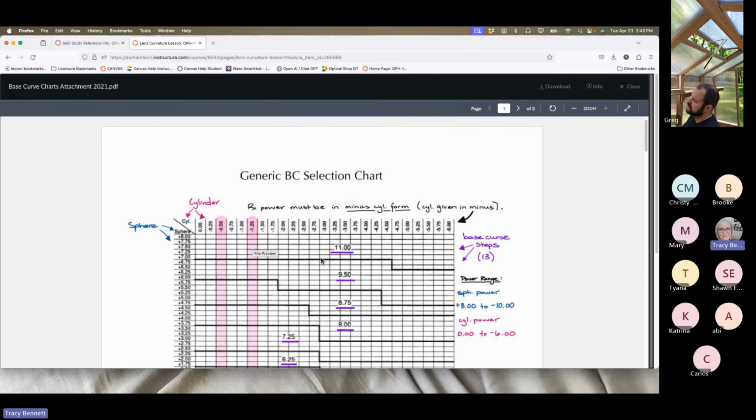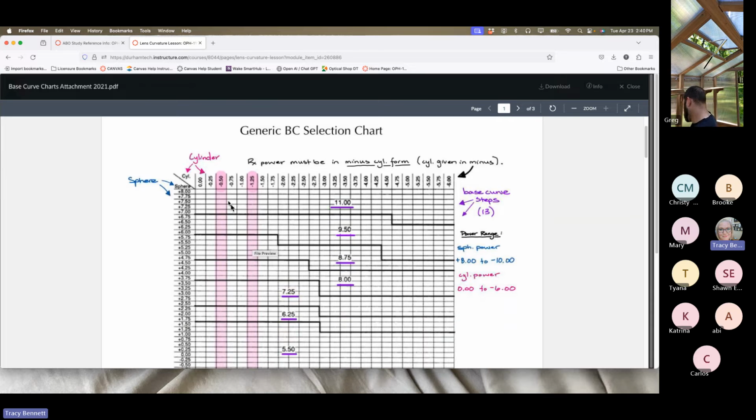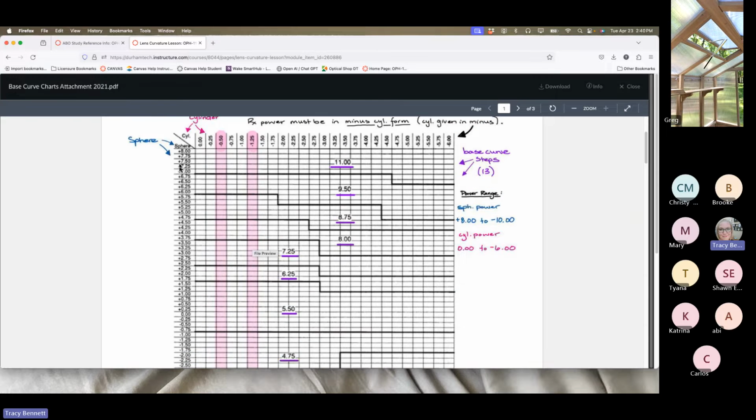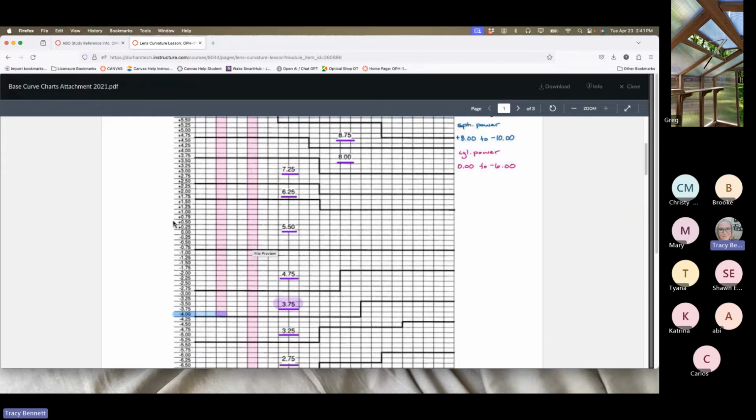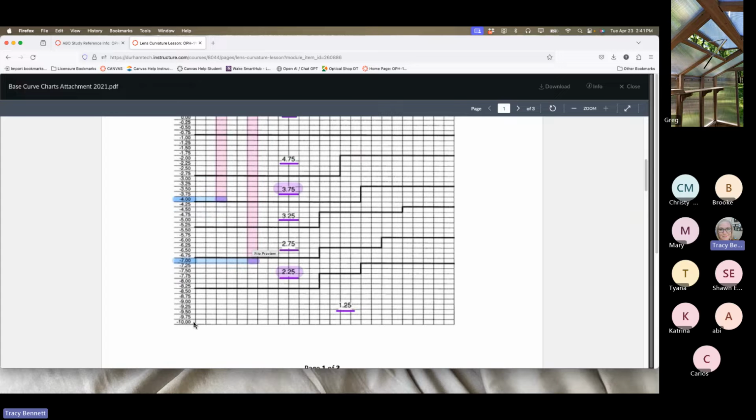Let's see, what did it do over here? Yeah, over here on this one, you see you got the sphere marked here. So it's saying all these are the sphere powers and these are the cylinders. But again, the same thing. You go from 0 to -6 in the sills here. This lens is from a +8 down to a -10.